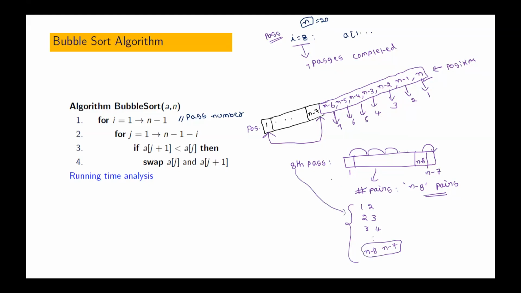In the 8th pass, what are the array elements that we need to consider? 1 to n minus i minus 1. 1 to n minus i minus 1.